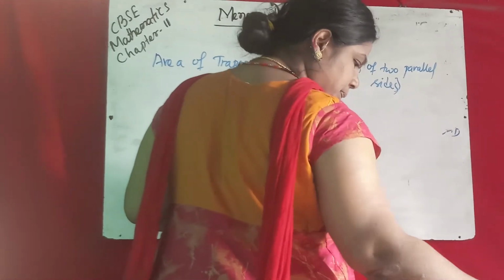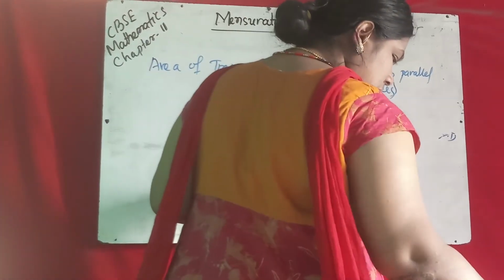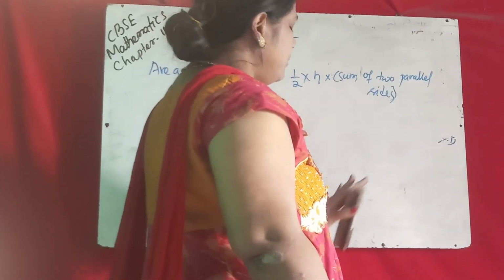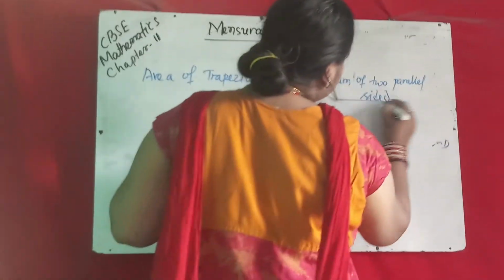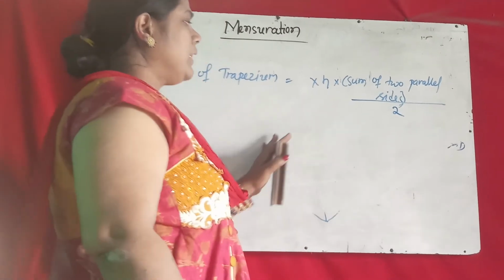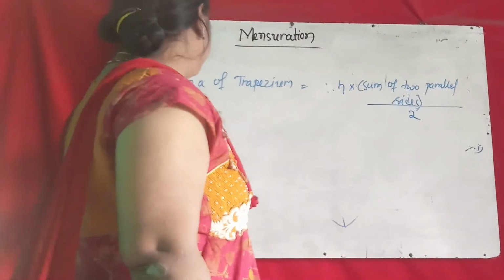That is, half into h into the sum of two parallel sides. It is the area of a trapezium.